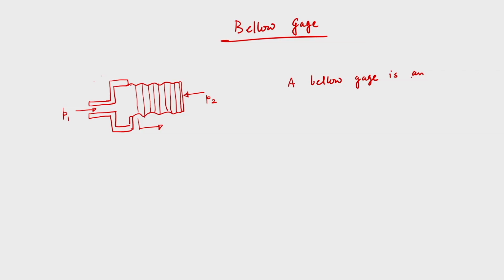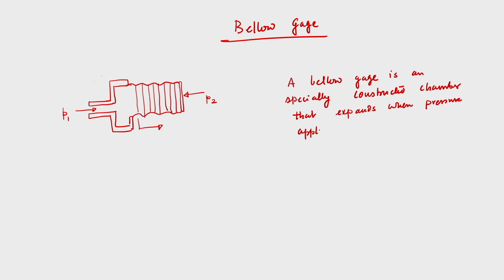Now, I am writing a few lines about this, then I will explain. A bellow gauge is a specially constructed chamber that expands when pressure is applied to its pressure port.